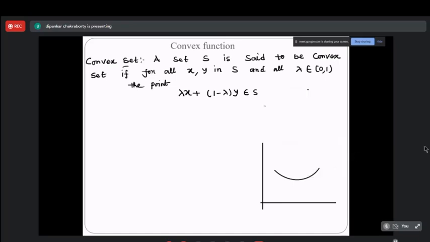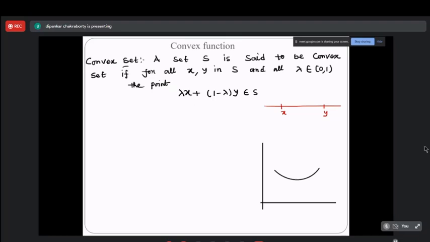So x and y can be any two points. Now, if we consider the value of lambda between 0 and 1, suppose we start with lambda equal to half. Since it belongs to 0 to 1, we can consider it. Now, if lambda is half, what does lambda x plus 1 minus lambda y give us?